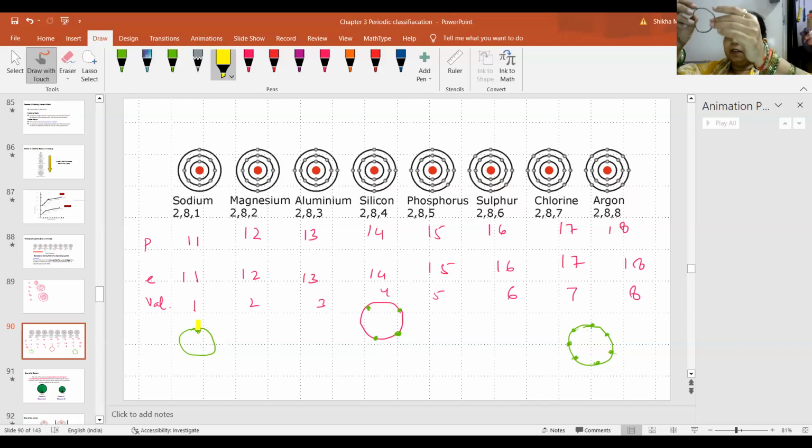If I pinch it at 1 point, its size will deteriorate. If I squeeze it from 2 sides, or from 4 sides, the size should be much smaller as compared to if I'm squeezing it from 1 point. Isn't it or not? Yes, ma'am.